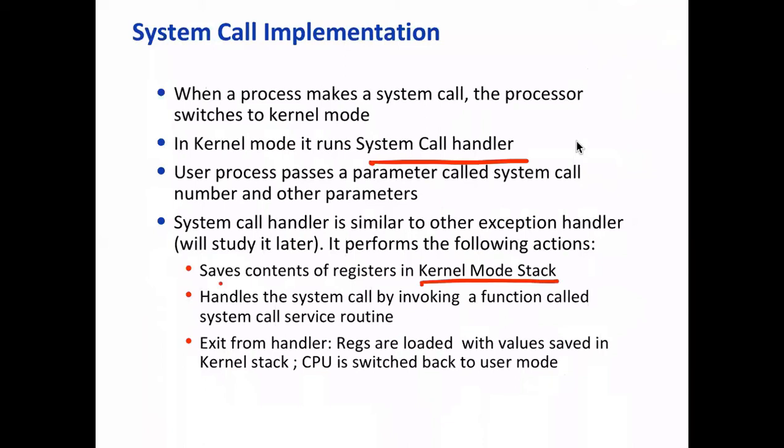Okay, save contents of registers in the kernel stack. And of course, first thing is that we save all the values of the user process, or register values, etc., into the kernel stack, and then give control to the syscall handler, or that function that handles the corresponding system call.